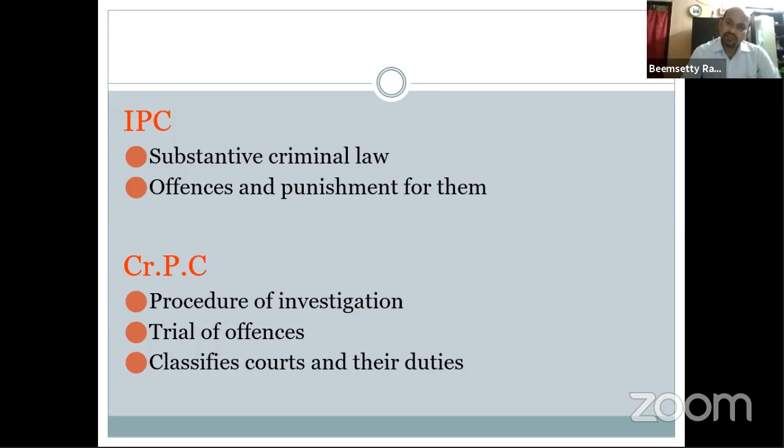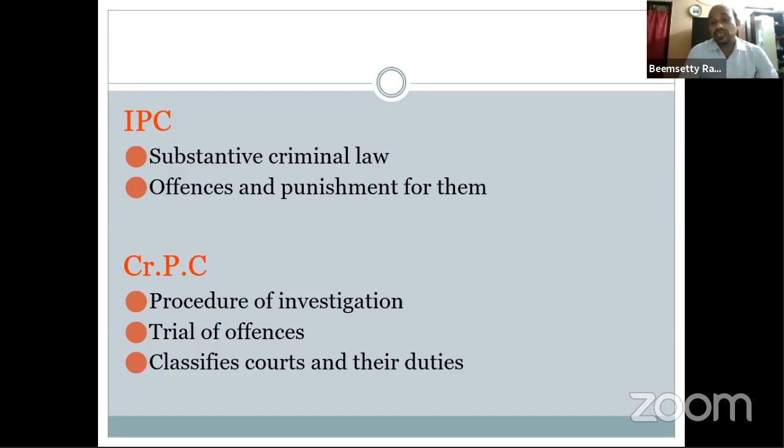And what is CRPC? Everybody will be thinking that CRPC is the Criminal Penal Code. It is not the Criminal Penal Code. It is the Criminal Procedure Code. The name itself suggests what it is suggesting: whatever procedure is followed for various types of crimes, it prescribes.